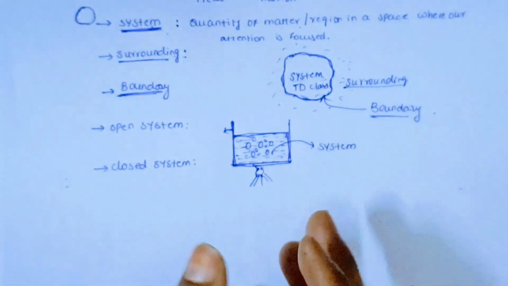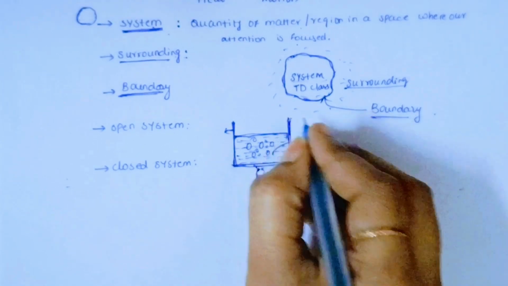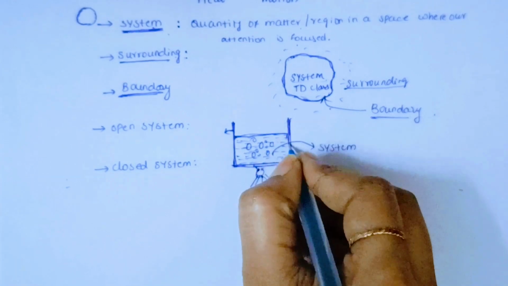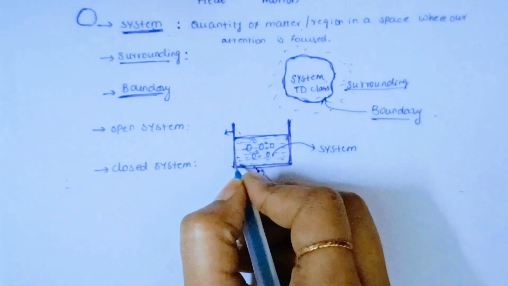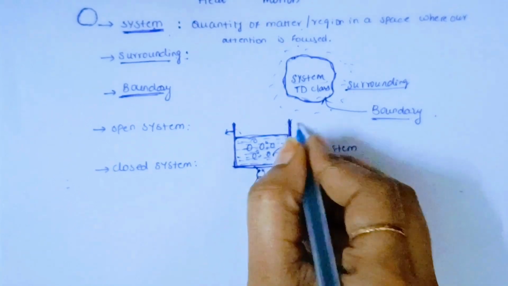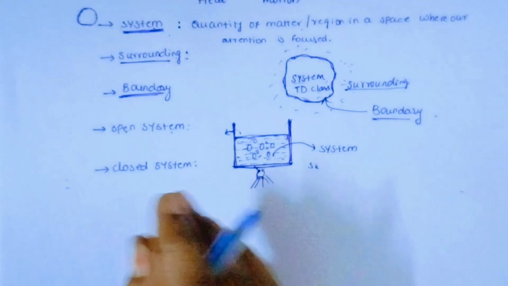All these activities which are external to this are nothing but the surrounding. And the boundary is nothing but the thin layer of this container. Now we will see how to classify open system and closed system.